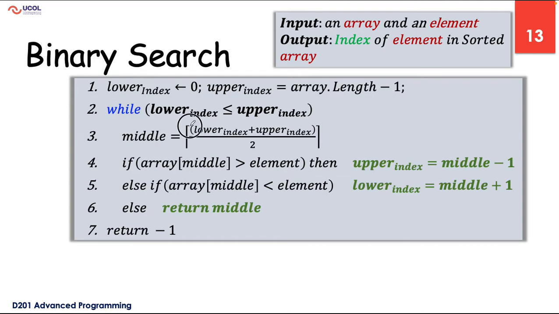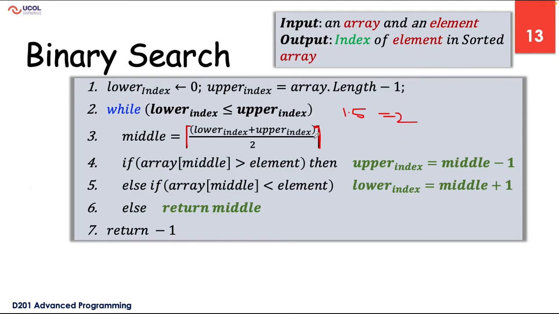And if we look at this operator, it is telling us that you are adding the upper and the lower values and dividing by 2, and we are rounding that to the nearest integer upward. It means that if it is 1.5, that will become 2.